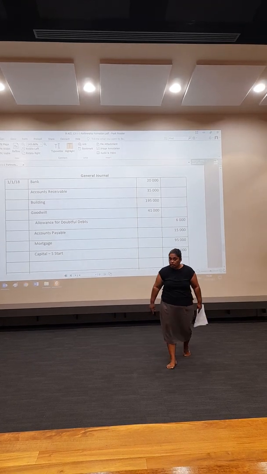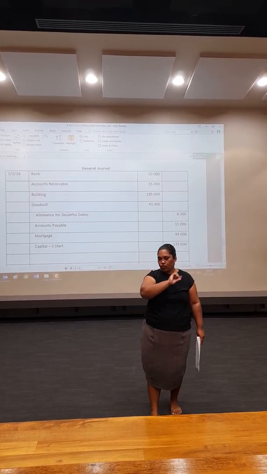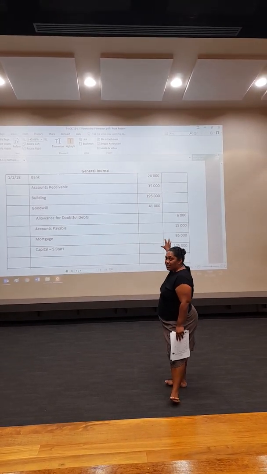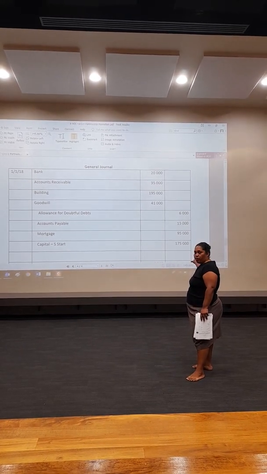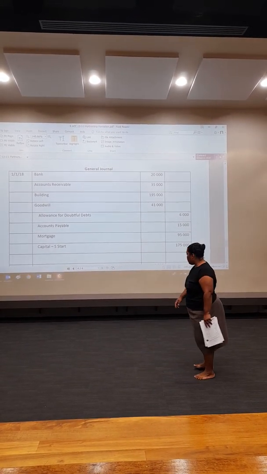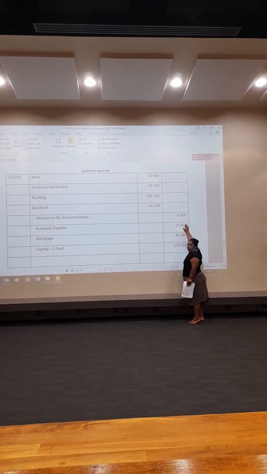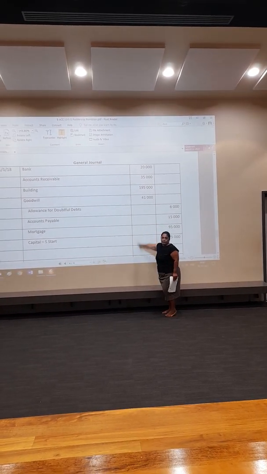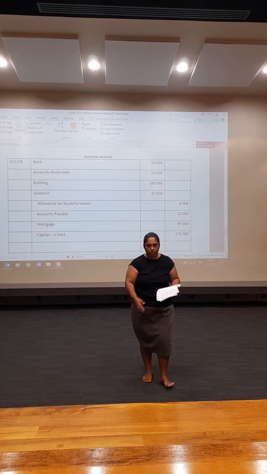That's why goodwill, you always calculate last. You just write it down and leave a blank. Add up all your assets minus your liabilities minus your proprietorship, and it will give you 41,000. And then when you add 1, 2, 3, 4, it should equal 1, 2, 3, 4. Okay so far? If you have any questions, please flick it through.